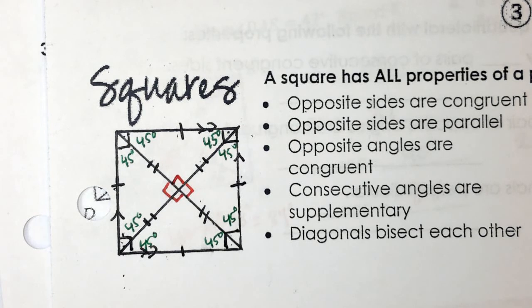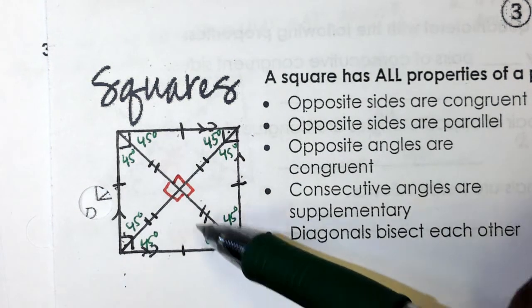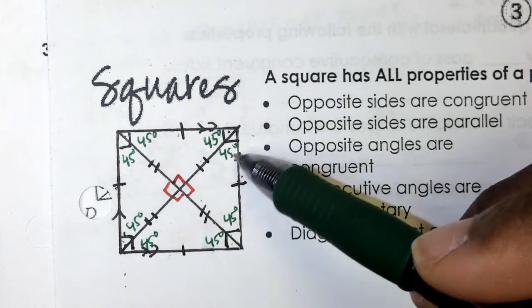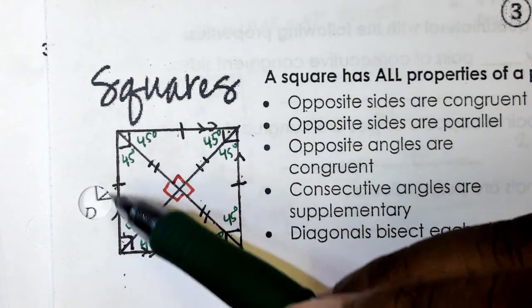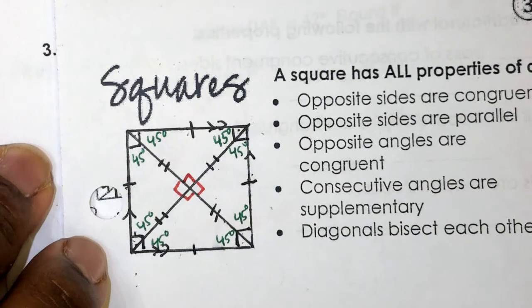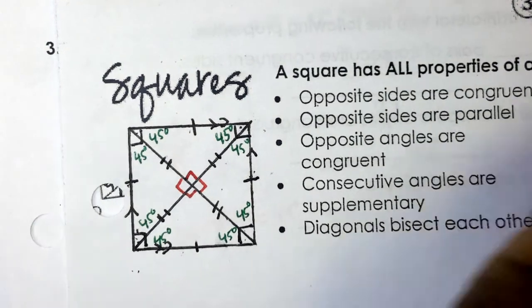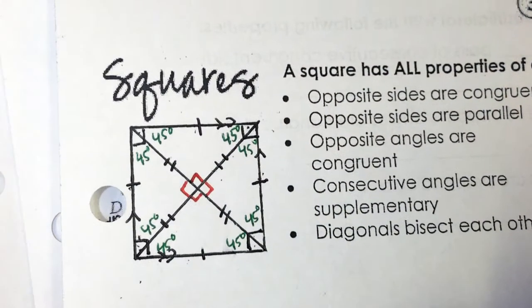Isosceles triangles. So all of them are isosceles and all of them are 45, 45, 90. Actually, isosceles right triangles, you want to be real specific. So, that's us marking our properties.